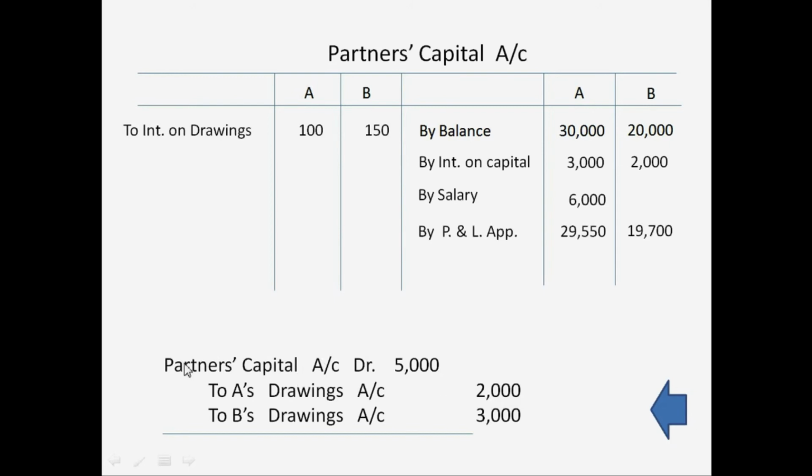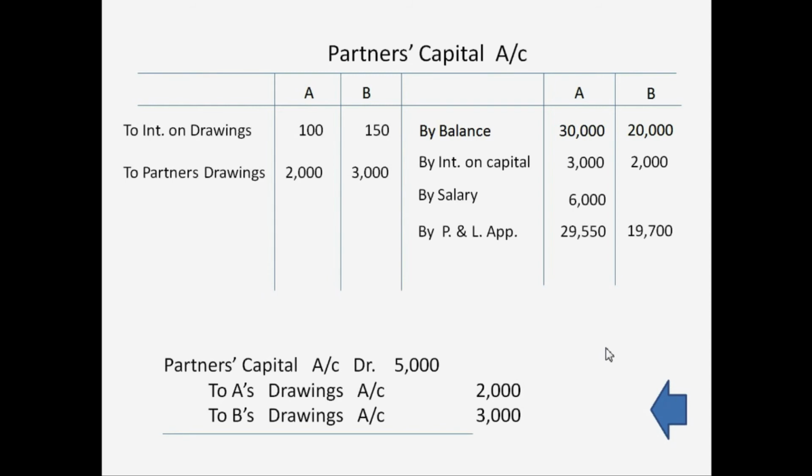So the final entry is partners capital account debit 5,000 to A's capital account to B's capital account with rupees 2,000 and 3,000. And now this entry will be posted on the debit side of partners capital account, to partners drawings account with rupees 2,000 and 3,000.